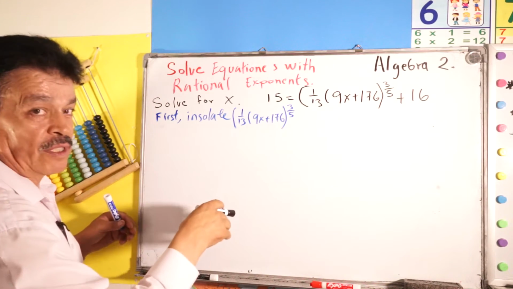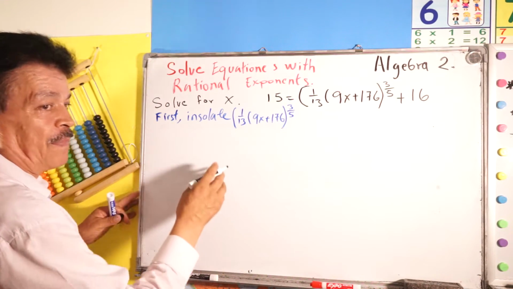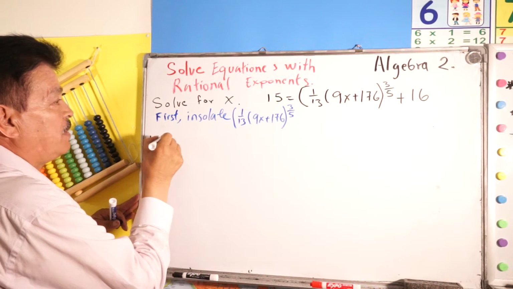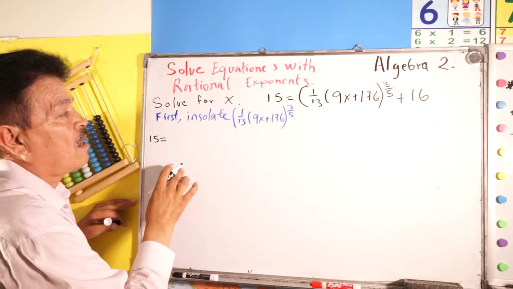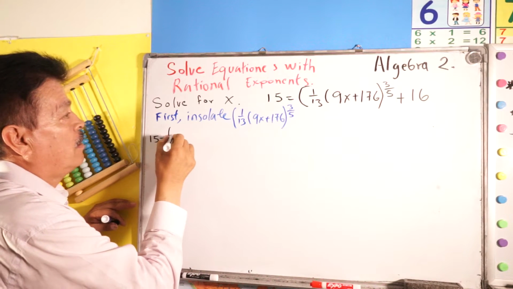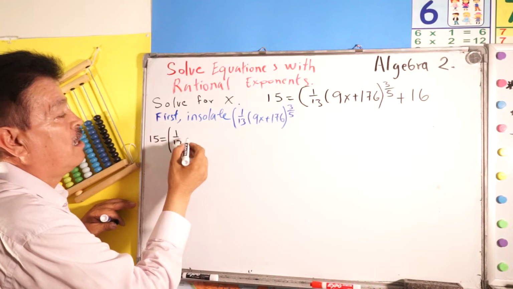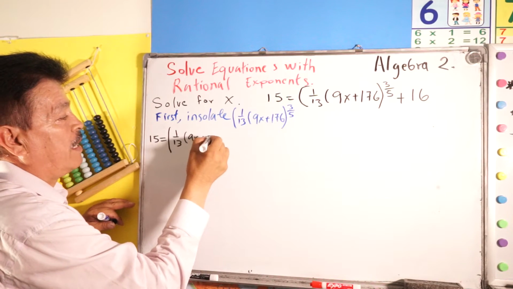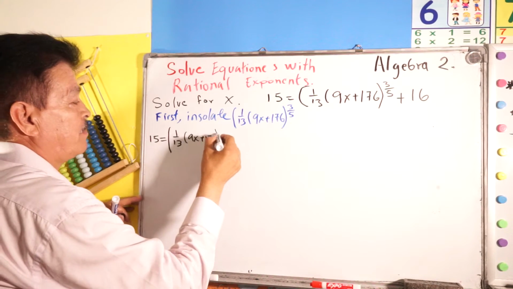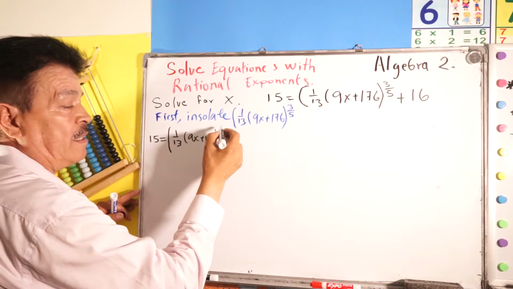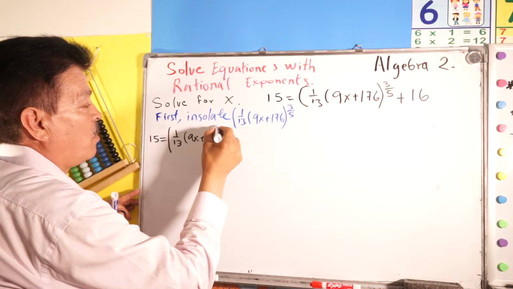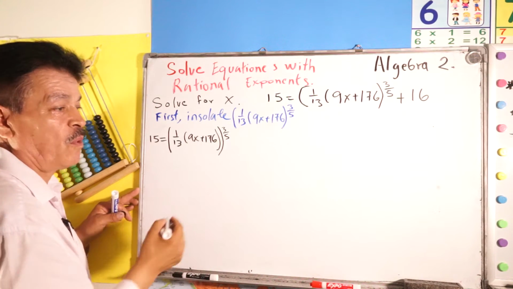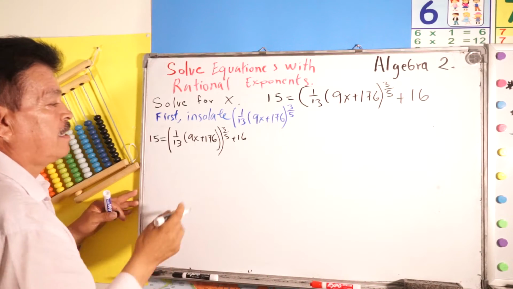It's going to be a long process, so I will do all the steps. So we will have 15 equals 1/3 times (9x plus 17) to the 3/5 power plus 16.